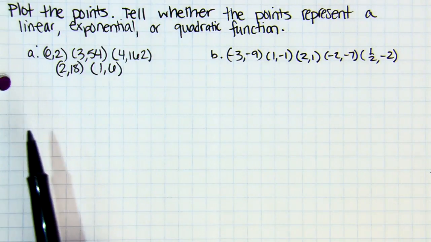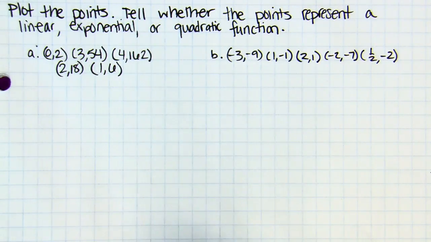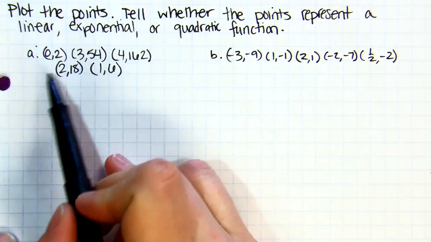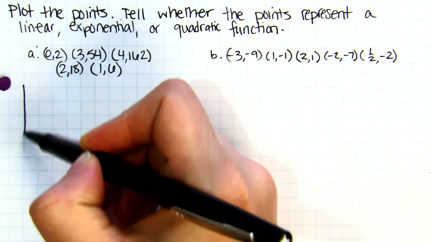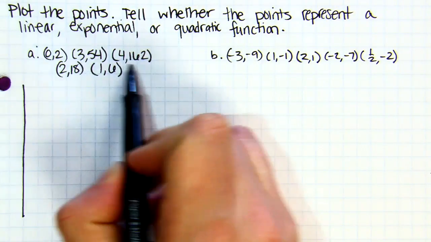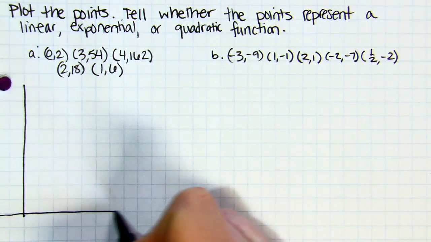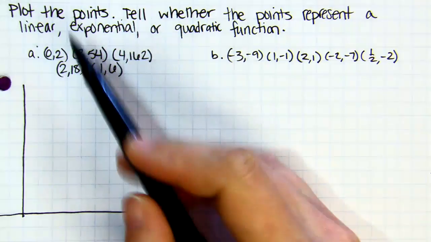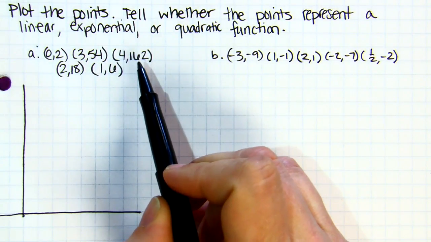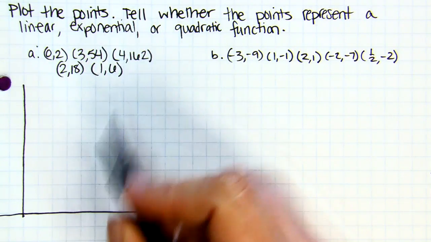So here I'm starting off with some points, and I want to tell whether these points represent a linear, exponential, or quadratic function. In this case, it looks like I have only positive numbers here, so I can just draw this. And this goes up pretty substantially to 162.